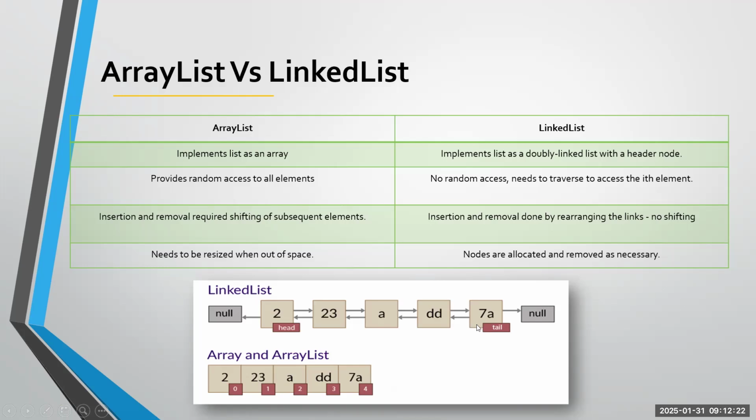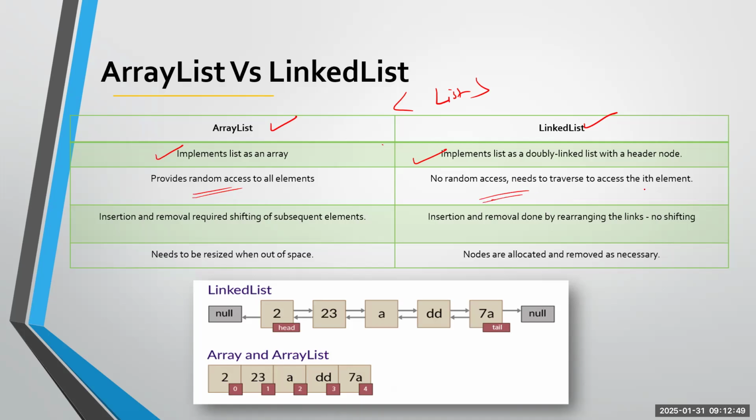Just have a look. Very first, both are classes, and both implement the same interface, the list interface. It implements list as an array, and it implements doubly linked list. The first important point related to data structure is what? Array list is based on dynamic array, but linked list is based on doubly linked list. Array list provides random access, but in linked list we don't have random access.